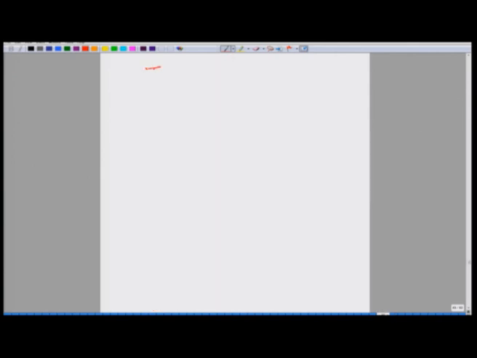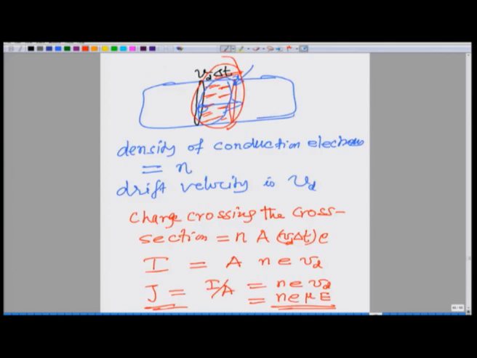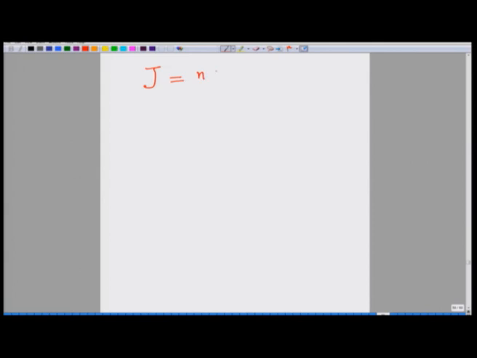This J, the current density, is equal to N e mu times capital E. This N e mu is known as conductivity, generally written as sigma, and this relation J equals sigma E is known as Ohm's law.